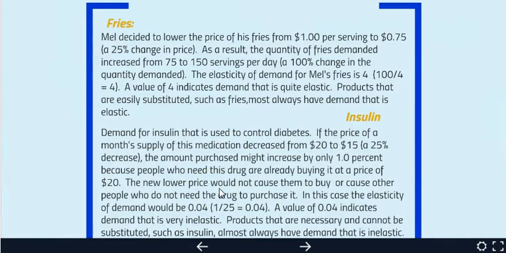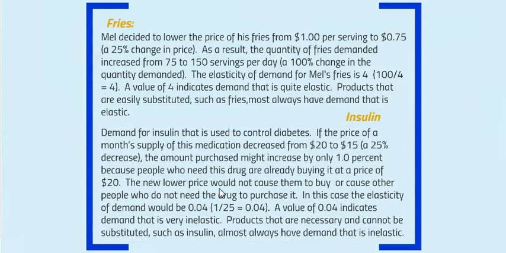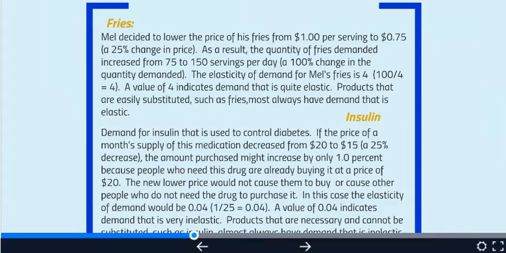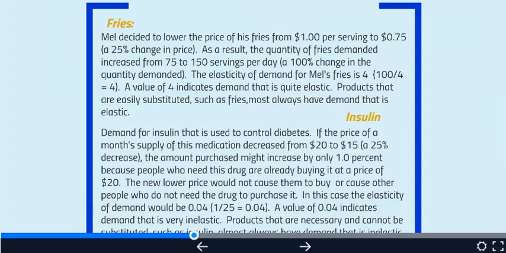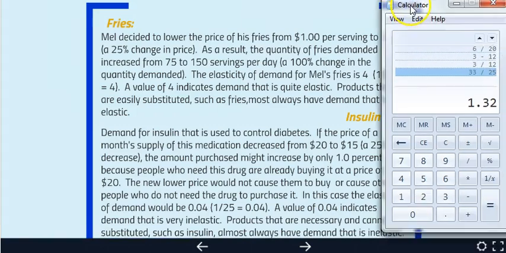All right, let's look at these fries. Mel decided to lower the price of his fries from $1 per serving to 75 cents, a 25% change in price. As a result, the quantity of fries demanded increased from 75 to 150 servings per day, a 100% change in the quantity demanded.